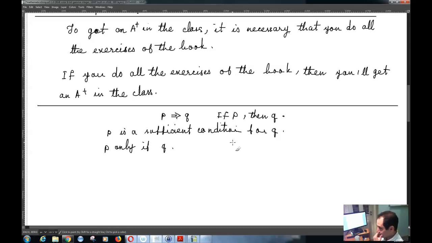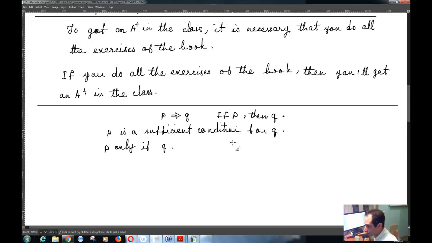And the third part is Q is a necessary condition for P. Now this says that when a number is a multiple of 9, it is necessarily a multiple of 3.